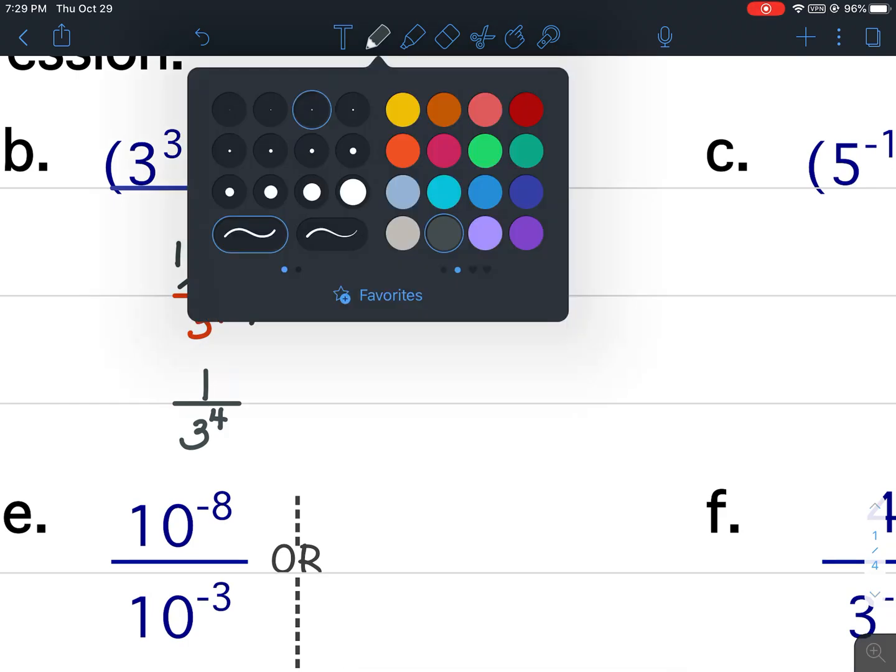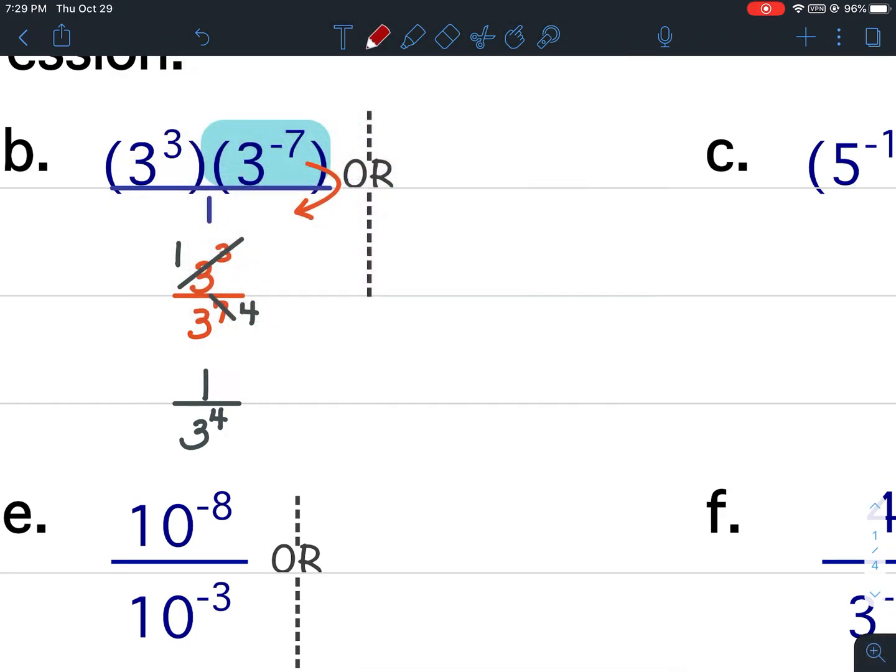Since it's multiplication, let's add the exponents. So I'm going to add those exponents. So this would be 3 to the 3 plus negative 7, which is the same as 3 minus 7. And since the signs are different, subtract, keep the sign of the larger number. That would be 3 to the negative 4.